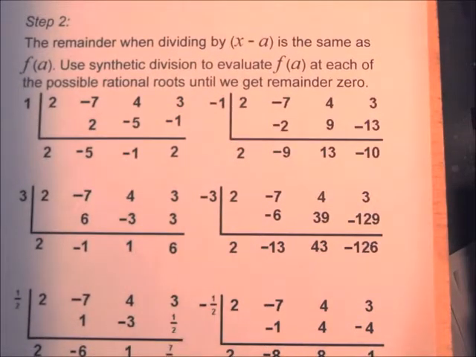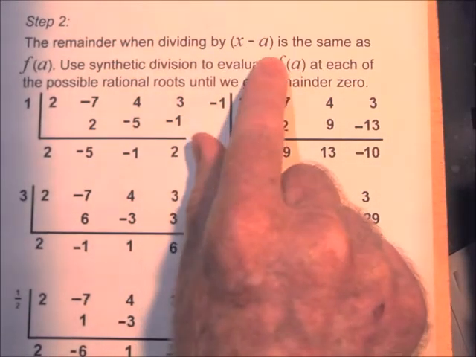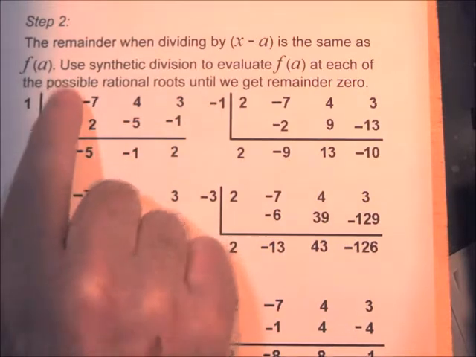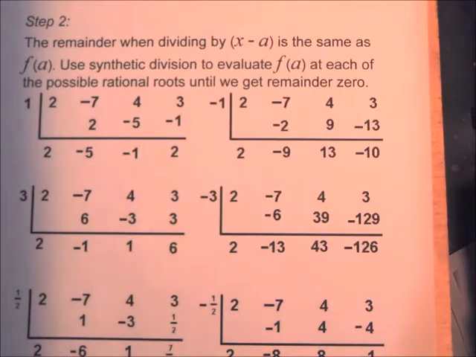Once we have our list, we can go through it and check each one, and the quickest way of doing that is usually with synthetic division. When you divide by x minus a, the remainder is the same as f of a. So if we get remainder 0, that means that's going to be one of our x-intercepts.